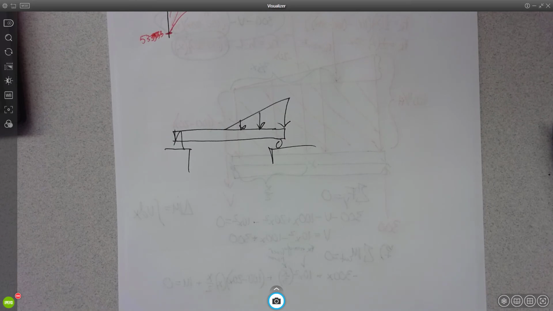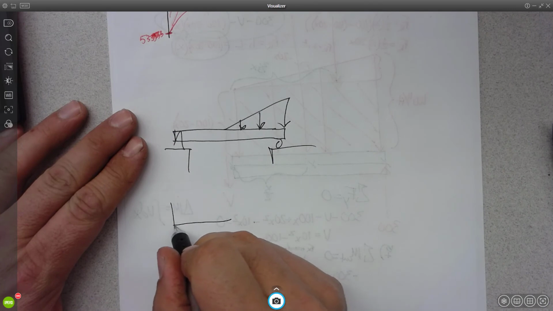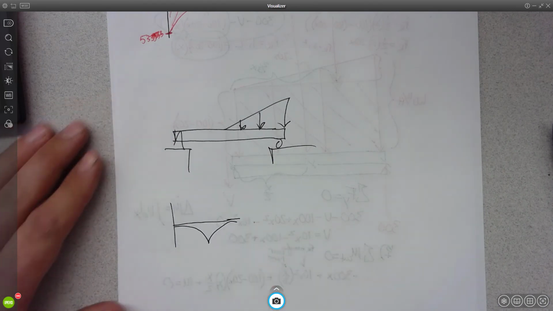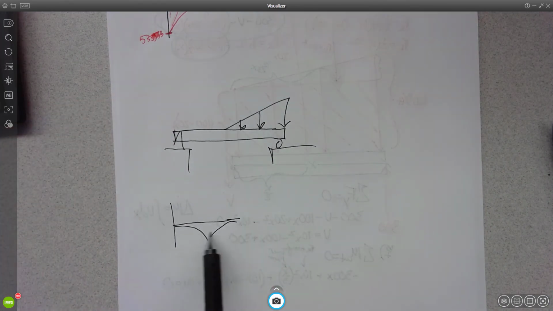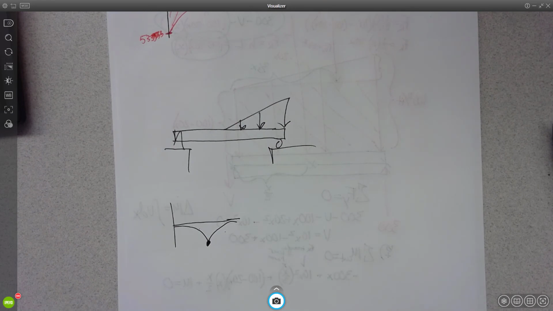So if I have a moment graph that does something like that, I don't care that these are exactly correct. I care that they're both concave down and that you know what the value is at that point.